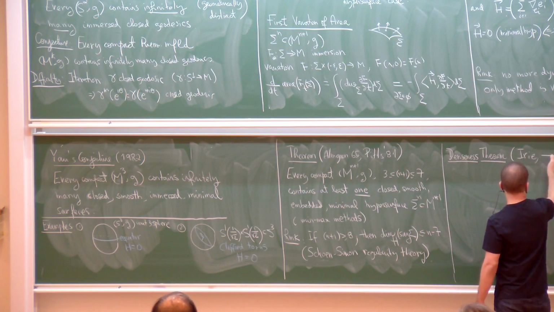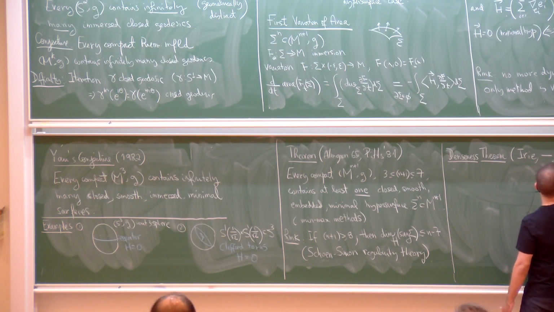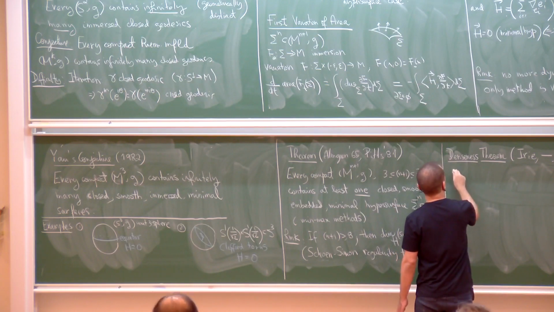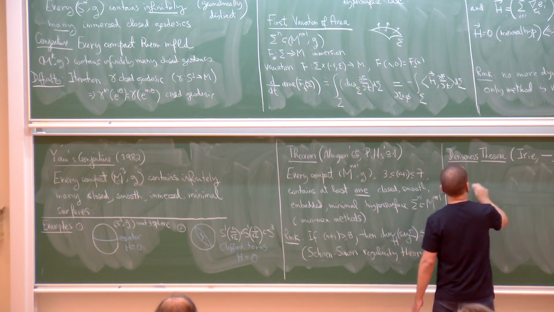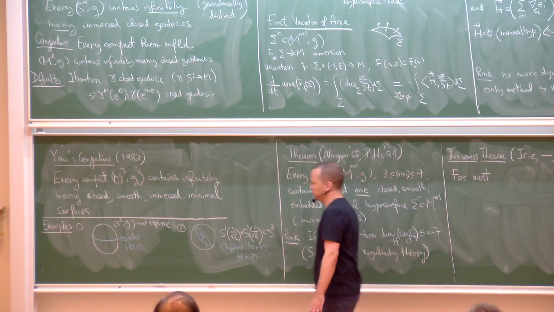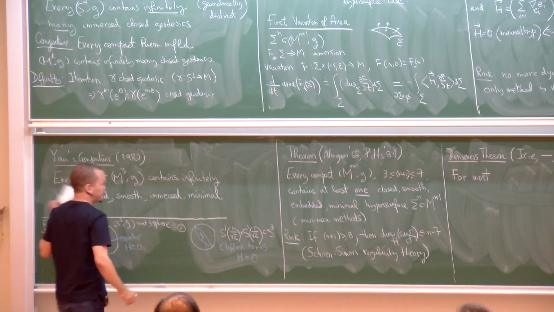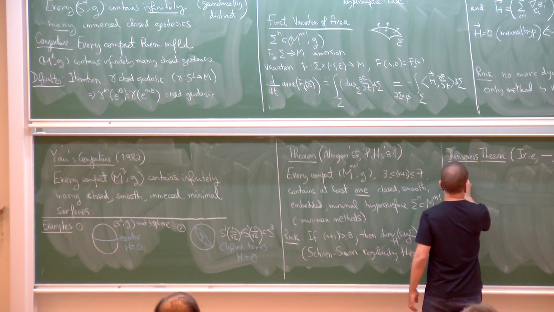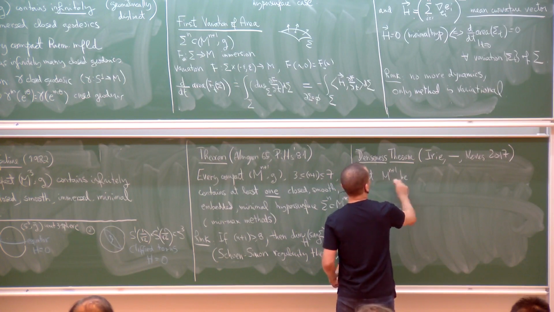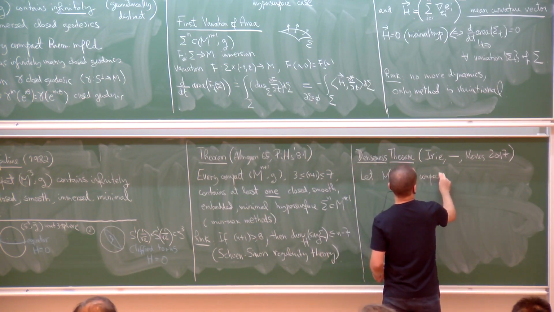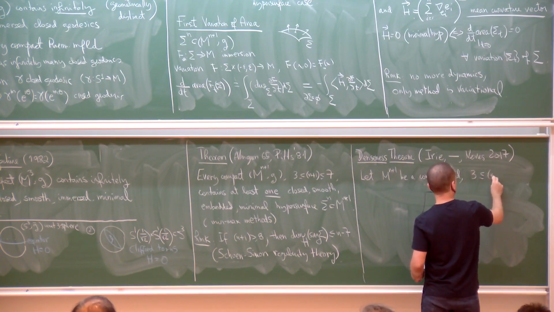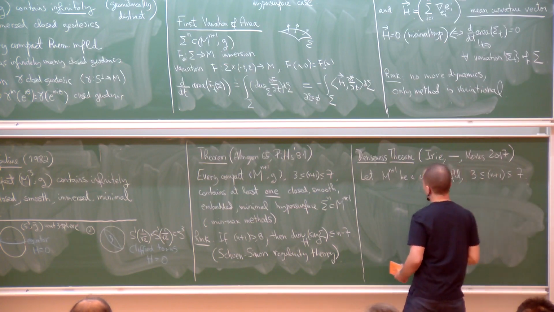Maybe myself and Neves, 2017, we proved the following thing, that for most Riemannian metrics, let me fix the manifold. So let n plus 1 be a compact manifold with no boundary, and suppose the dimension is between 3 and 7.